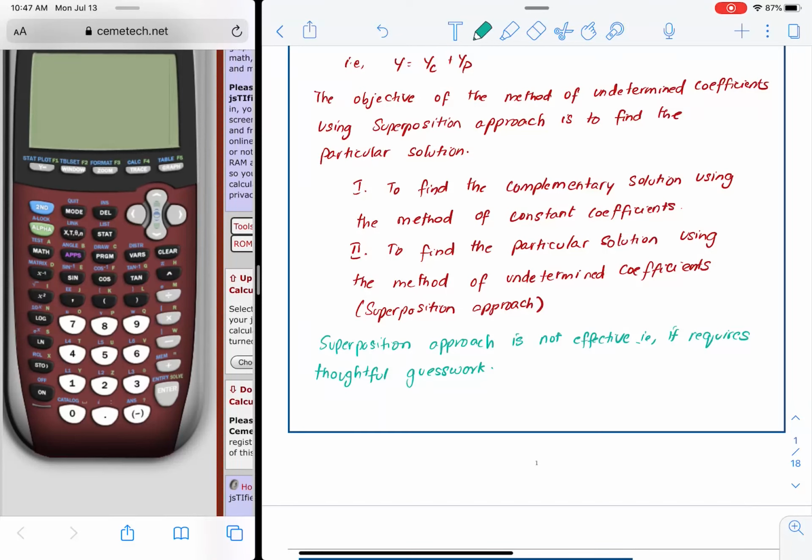When I explain on the next page, you will see what I mean by thoughtful guesswork. We have to guess the form of the particular solution to find the actual particular solution. That is, we have to identify the form of the particular solution.